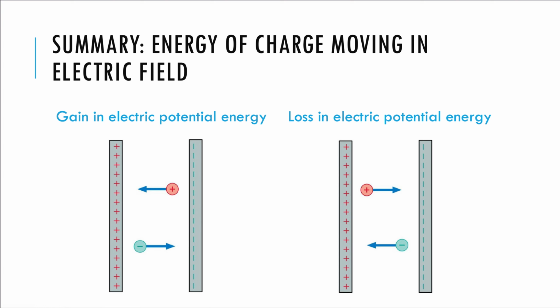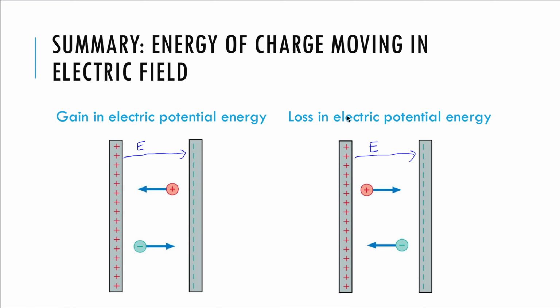To summarize, let's look at charges moving in an electric field and see what happens to their potential energy. When we have two parallel plates, the electric field always goes from the positive plate to the negative plate. So in both cases here, the electric field is pointing to the right. Let's look at the case on the right first.